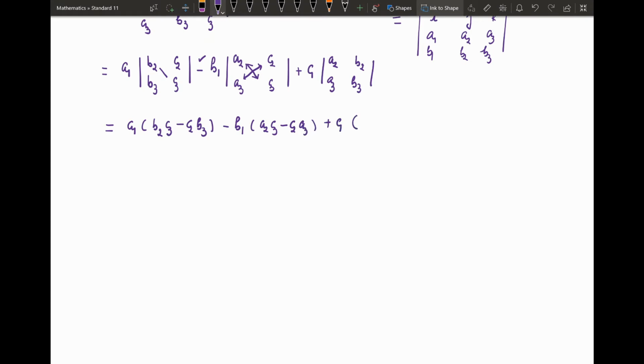Plus C1 into A2, B3, the multiplication of entries of the principal diagonal, minus B2, A3.